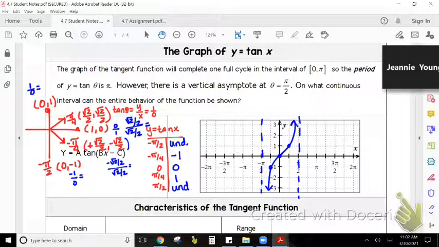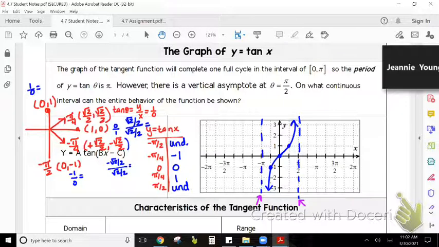Now, does it repeat itself? Yes. Okay, it's periodic, which is how long it takes to repeat itself. So, therefore, we can keep going using this same pattern. If I do that, this vertical asymptote is going to be in the same location as this one. So remember, just use your pattern to continue.